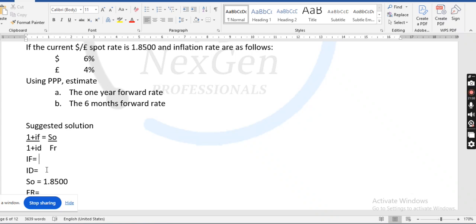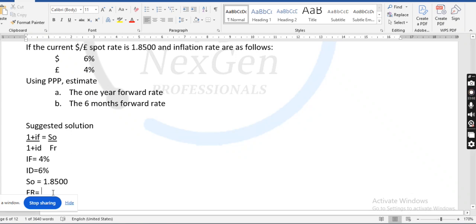That is 4%. While the domestic will be 6%, because this is the spot rate. The one with direct quote, the one that comes first, is the one with the direct quote. Can you see it? It becomes a domestic currency.